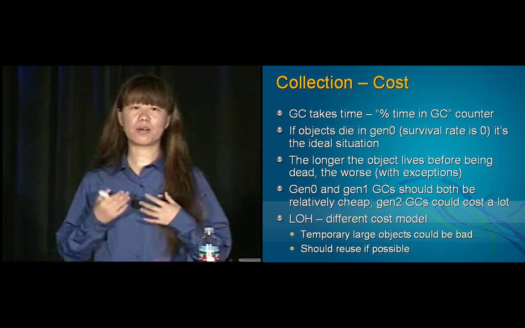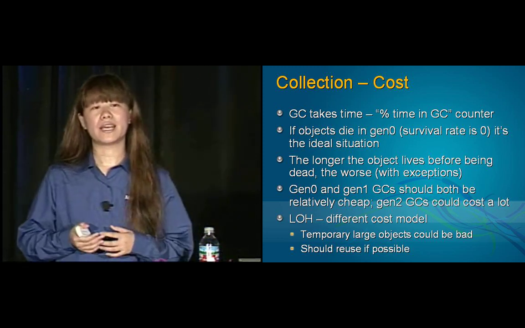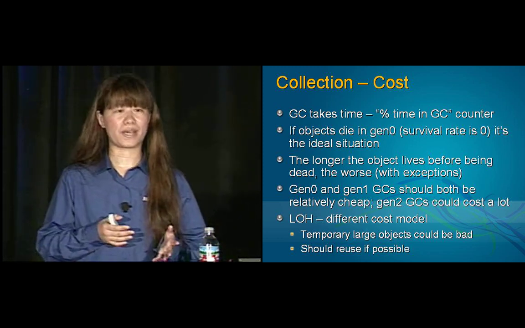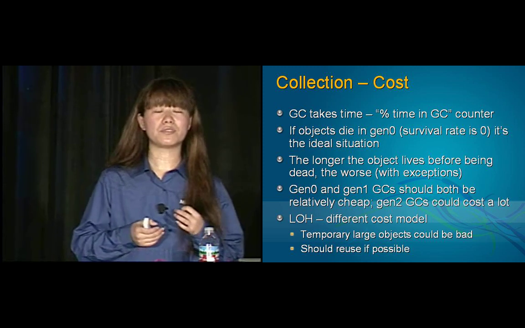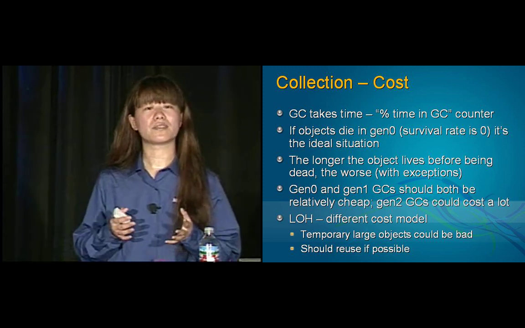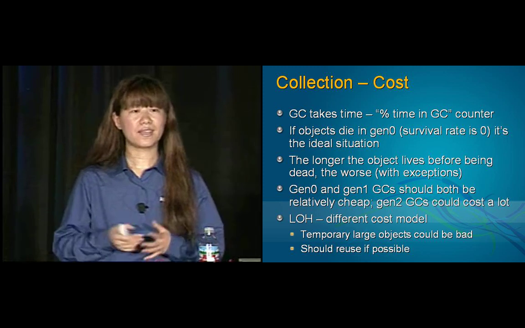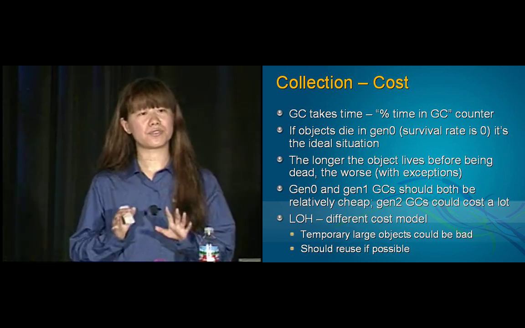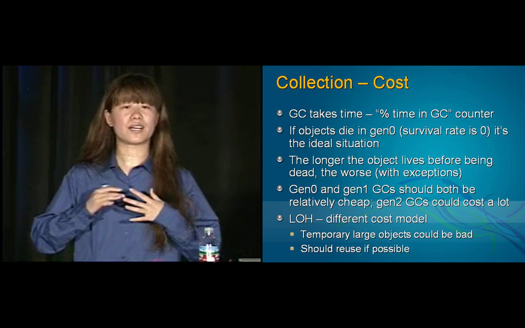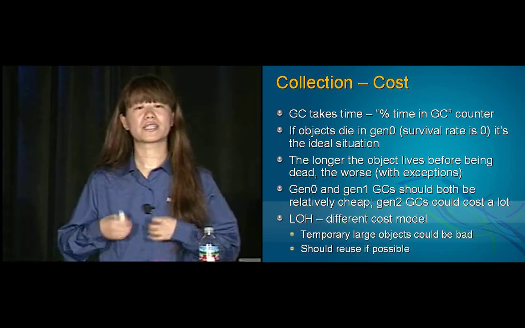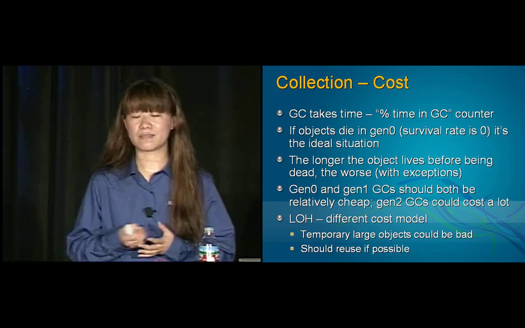If your objects live longer, they're probably in Gen 2 by now, which means we'd have to do a Gen 2 collection to get rid of the space taken up by that object when it dies. You probably have to constantly do Gen 2 collections to reclaim some of the dead space.